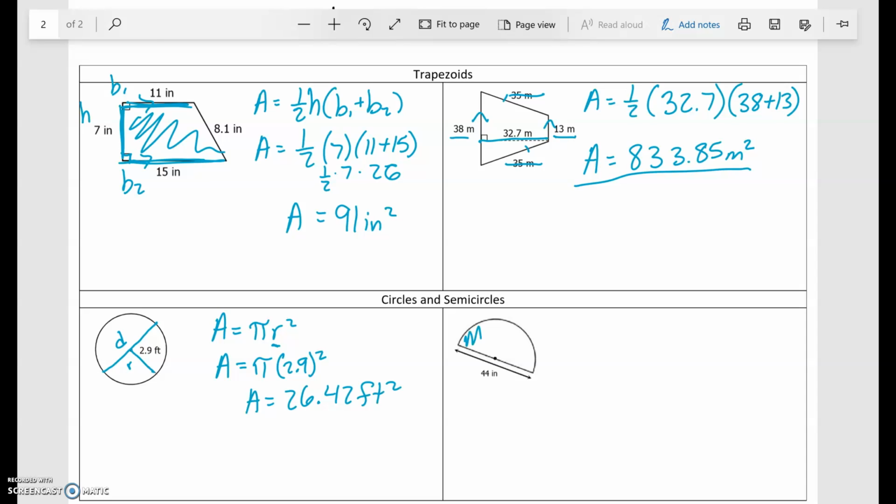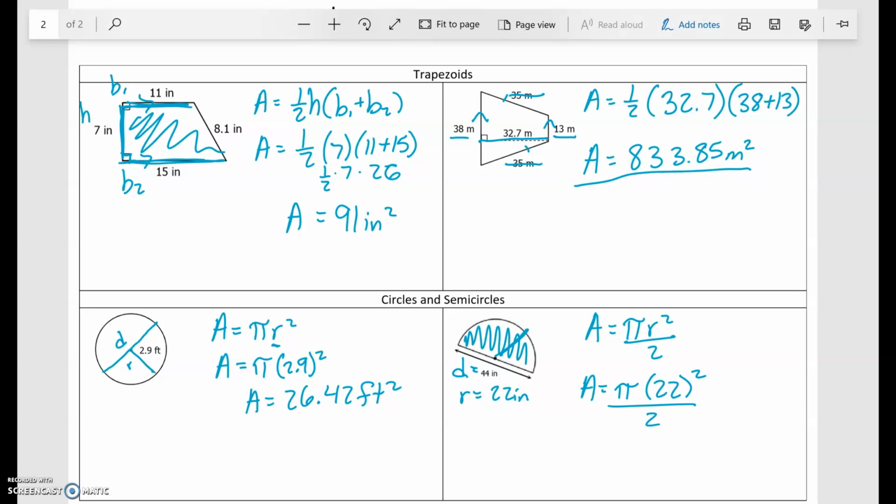Now, on this one, we're looking for only half of a circle. So if it's only half of a circle, we're really taking our area formula for a circle, area equals pi r squared, and dividing it by 2. So our area in this case is going to end up being pi, and then the radius, in this case we are given the diameter equals 44. We just need the radius, which is half of that. So that's going to give us 22 inches squared, all divided by 2.